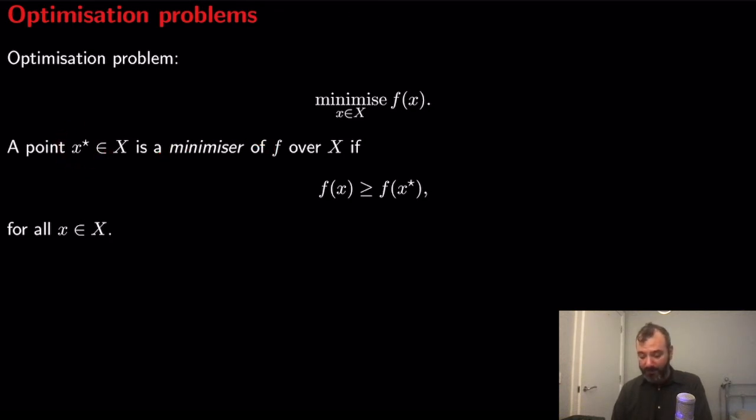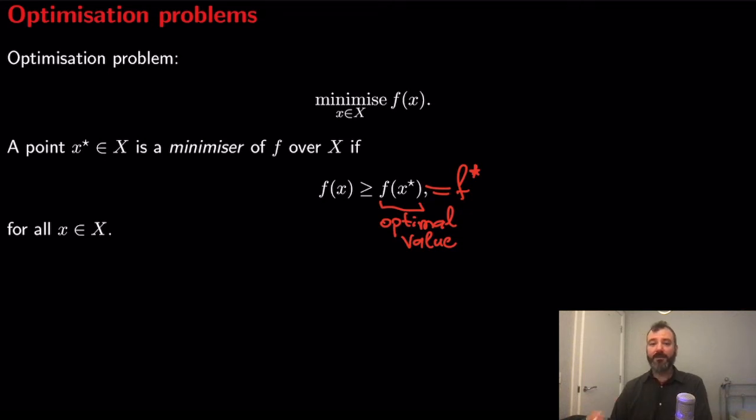Now, a point x star, as we said, is called a minimizer. Let's give the definition. A point x star is called a minimizer over the set X if this inequality holds over X. So this says that the cost of any x is above or equal to f of x star. F of x star is the optimal value. As we said before, this is denoted as f star. It can't get better. That's what this is saying.